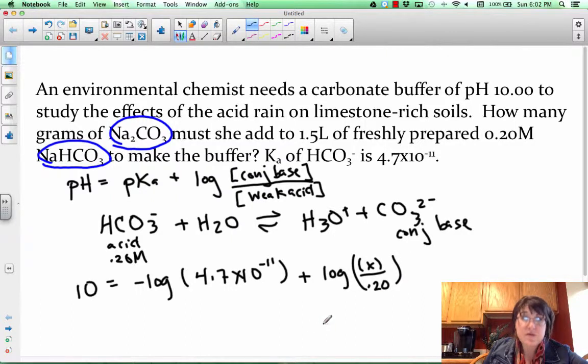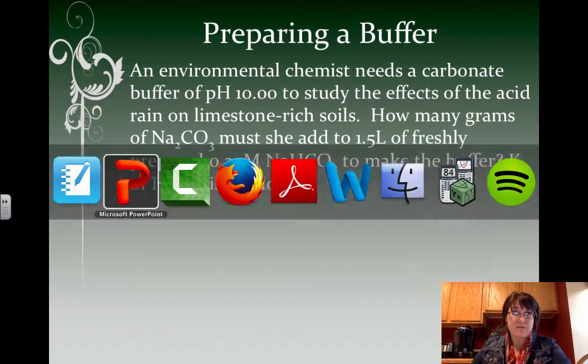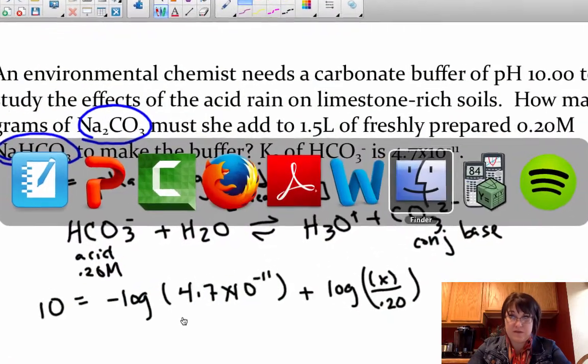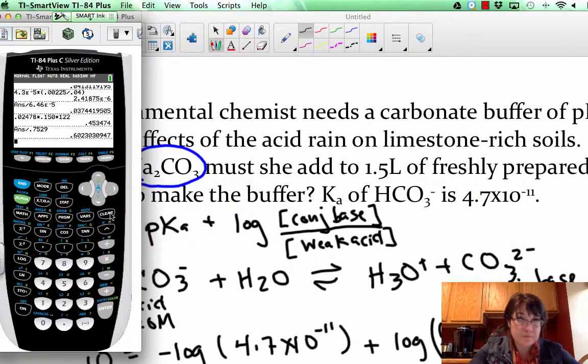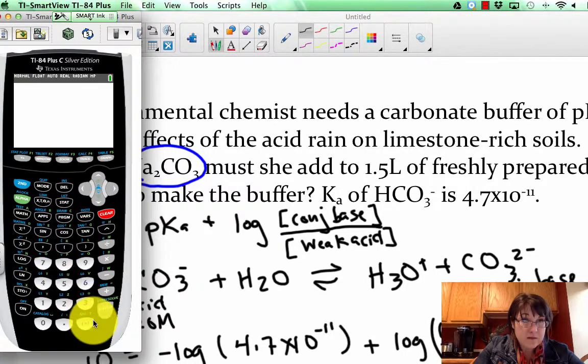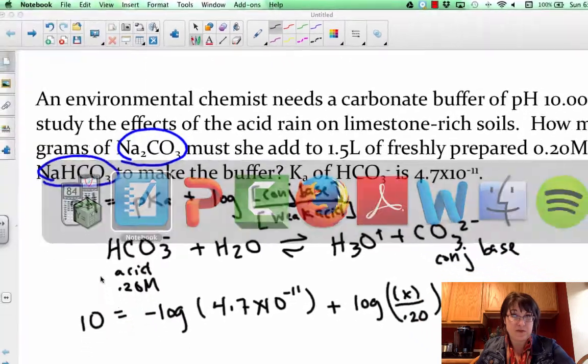So now we have to do mathematics with logs, which is not the same as doing regular old math, right? Logs have their own rules. So first take the negative log of 4.7 times 10 to the minus 11. Let's be more specific. Okay, so negative log of the Ka gives us 10.3279, so we don't need that many sig figs.